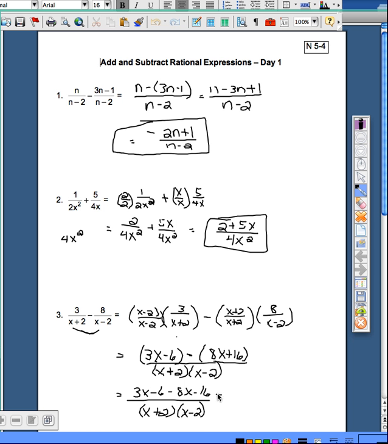Combine the x's to get negative 5x, and the 16 and 6 to get negative 22, and all over our same denominator, x plus 2 times x minus 2. And that's the final answer for that addition problem.